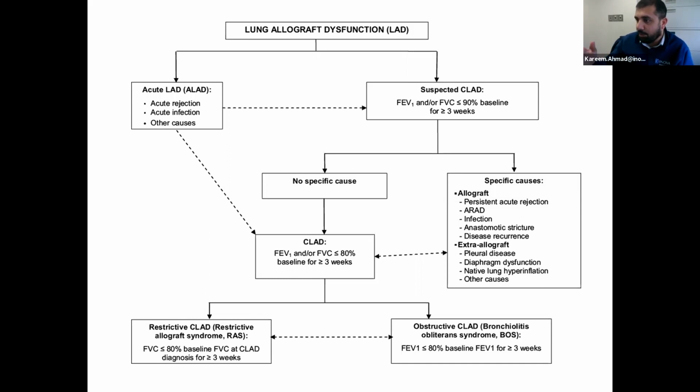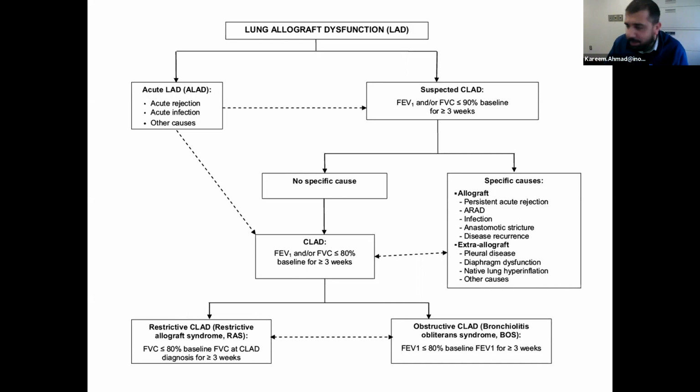But if you have a single normal lung that is normal compliance, and you have a hypercompliant native lung versus a transplanted lung, the native lung may actually continue to expand. The chest is a limited space. So as that COPD lung inflates and hyperinflates, it will start to restrict the size of your allograft. So that will also affect your lung function.